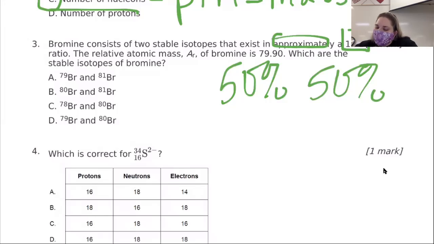So the way that you would work this out is you look at the masses. A has 79 and 81, B has 80 and 81, C has 78 and 80, D has 79 and 80. It doesn't really matter which one we start with, but if we start with D, 79 and 80, if I add 79 and 80 and divide by 2, what am I going to get?